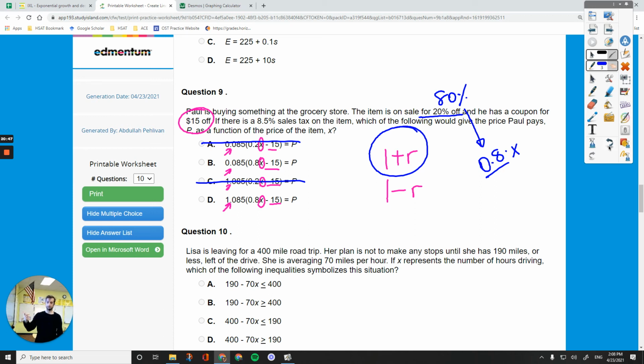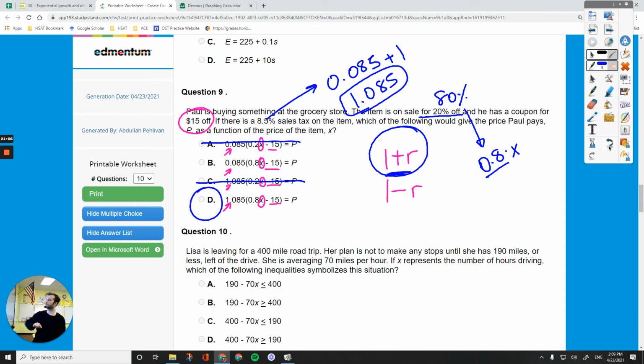He's going to pay more because of this, which is why we are going to add that rate to 1. So 8.5% as a decimal is 0.085. Add this to 1, and you get 1.085. So that should be the number that we have, which means the answer is going to be D for question number 9.